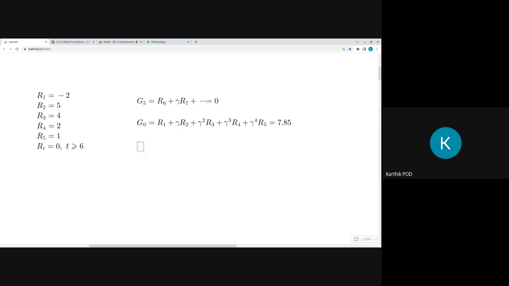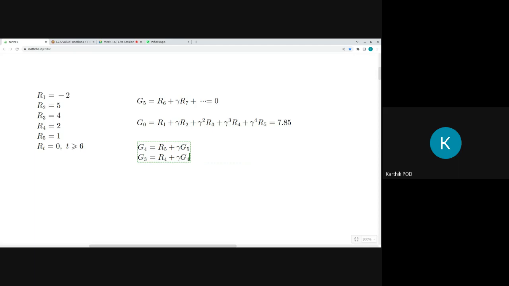So one way to do this is to start with G5. G5 anyway we know is 0. So first go and compute G4. G4 is R5 plus gamma G5, right? So now you can compute G4. Once you know G4, compute G3. G3 is R4 plus gamma G4, right?